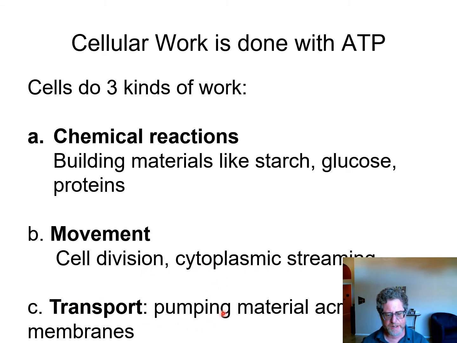And finally, transport. So pumping material across membranes, the plasma membrane definitely, but even the internal membranes, the nuclear membrane, the endoplasmic reticulum, and so on. Those are the three kinds of work that cells do, and it all requires ATP. They say an average cell uses about 10 million ATP per second. In other words, we need tons and tons of this stuff.